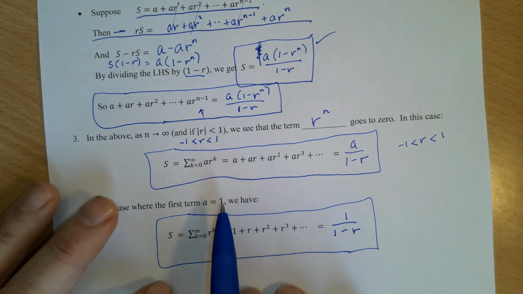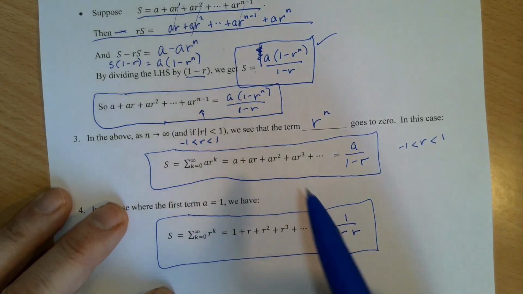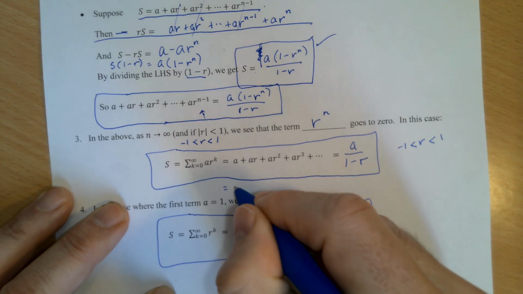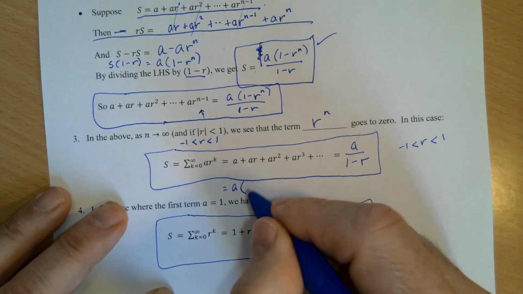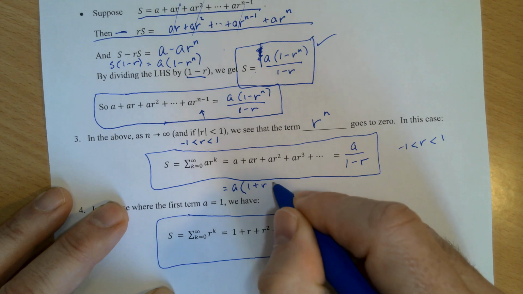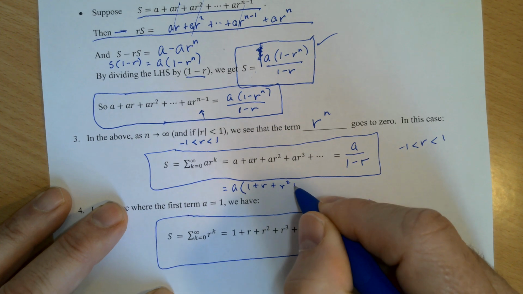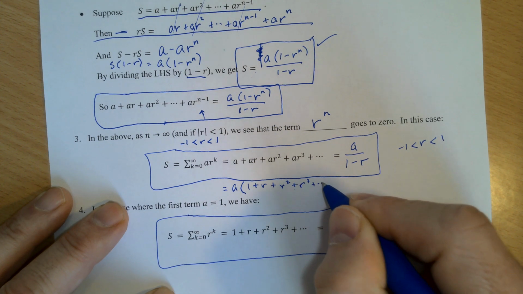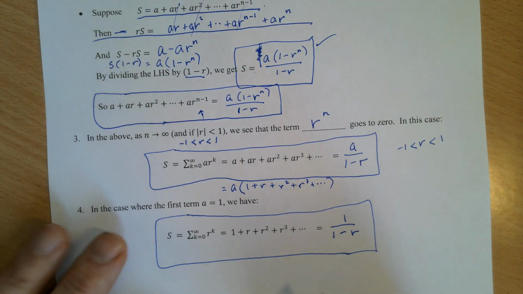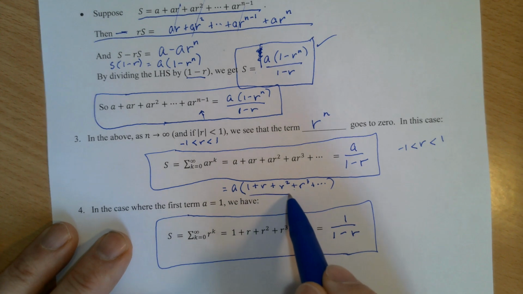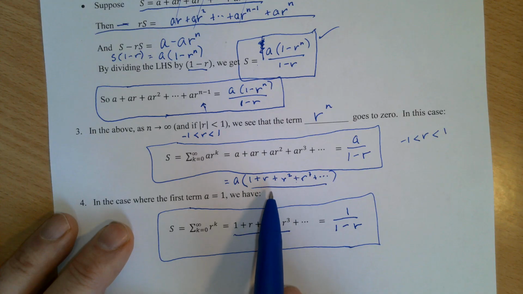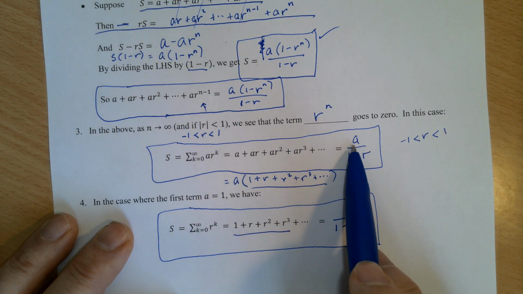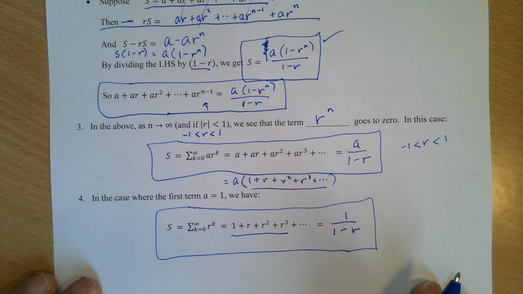And you can see that this sum could be written up above. If I factored an a out of it, it would be a times 1 plus r plus r squared plus r to the third plus dot, dot, dot in parentheses. This part in parentheses is what we have here, 1 over 1 minus r, and then we have times a, which is where that a comes from.